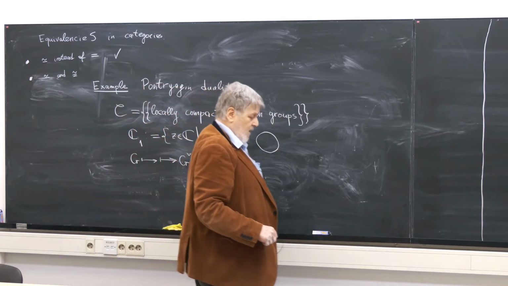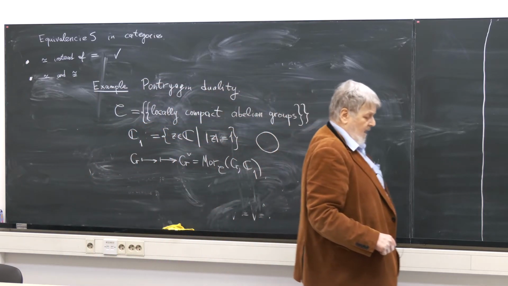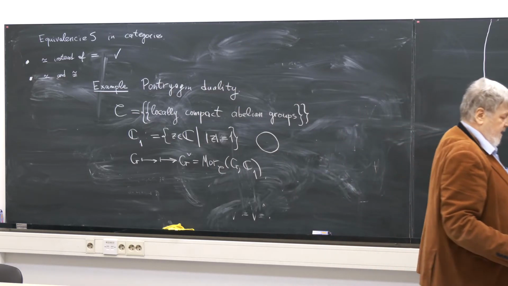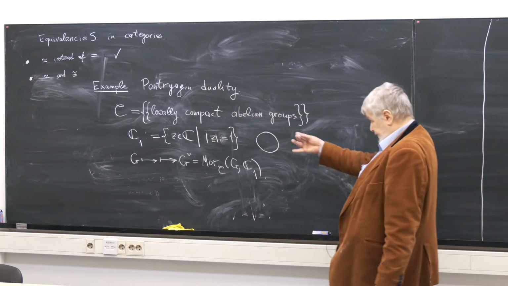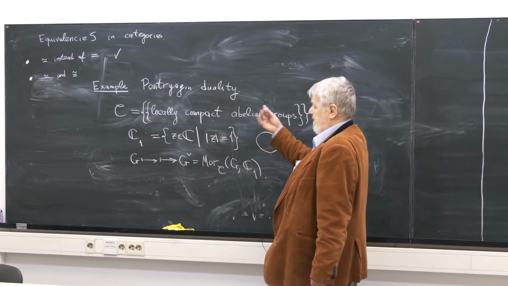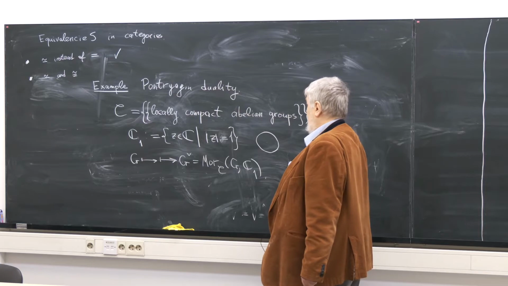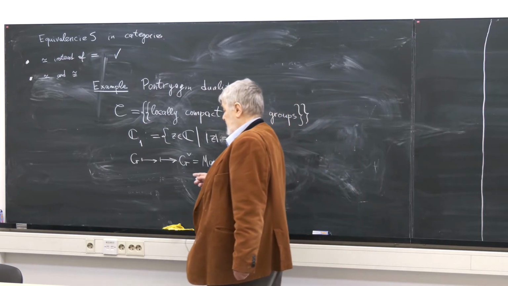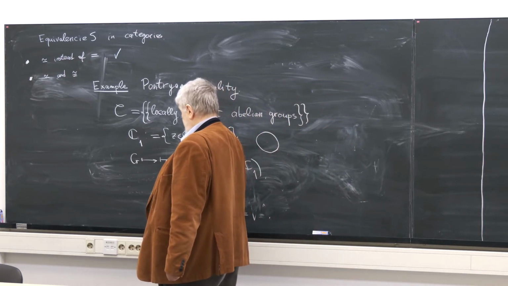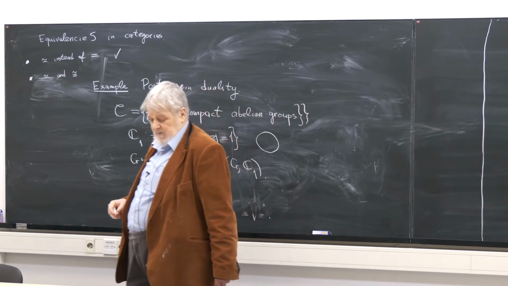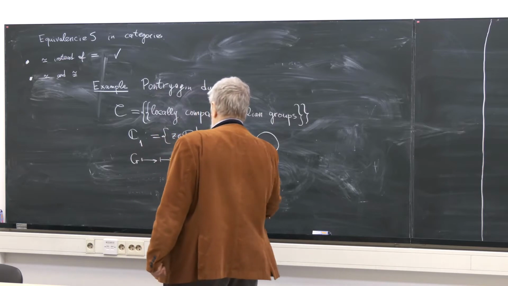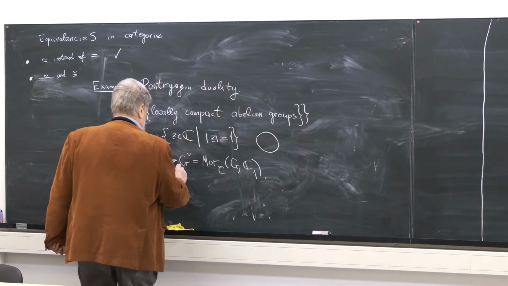So this is a cofunctor. Unlike the case of the category of vector spaces, the groups are usually locally compact. Abelian groups usually are not isomorphic to their duals. Well, it is called the Pontryagin dual.